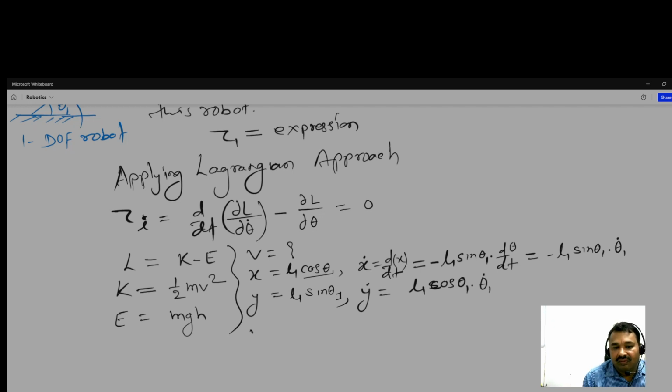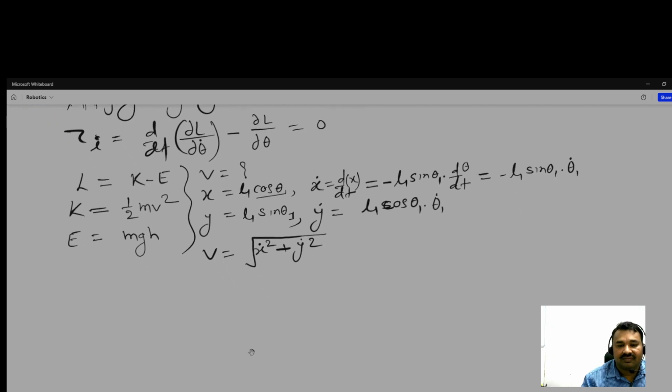Now what is V? V is equal to the square root of x dot square plus y dot square.